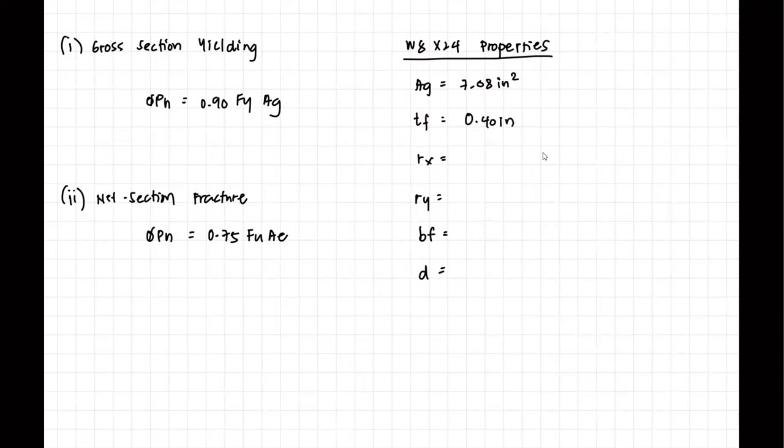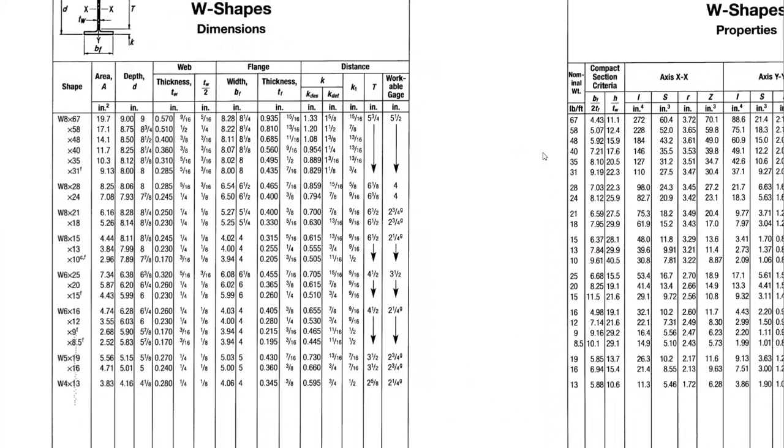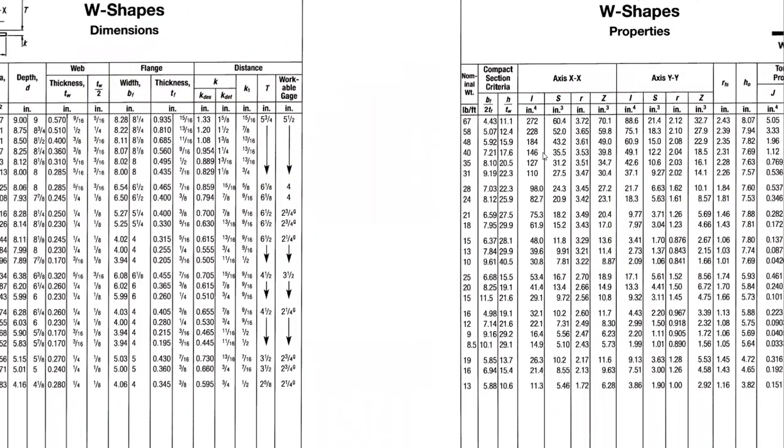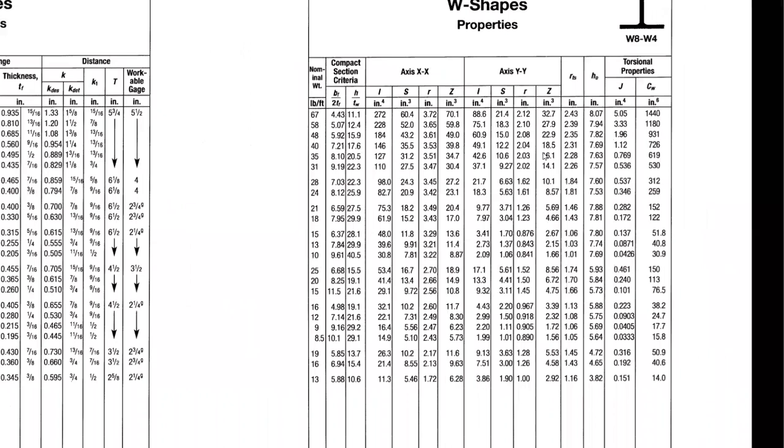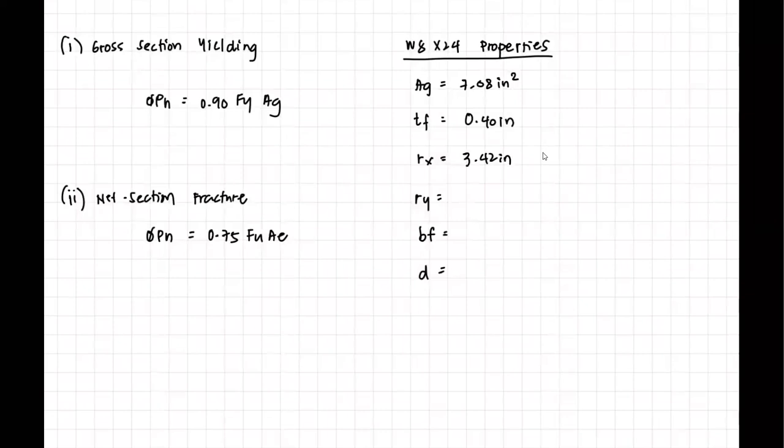rx and ry we need also. So going back, rx and ry is here at the other side. So this is our 24. rx is 3.42, ry is 1.61. 3.42, 1.61 inch. Okay.